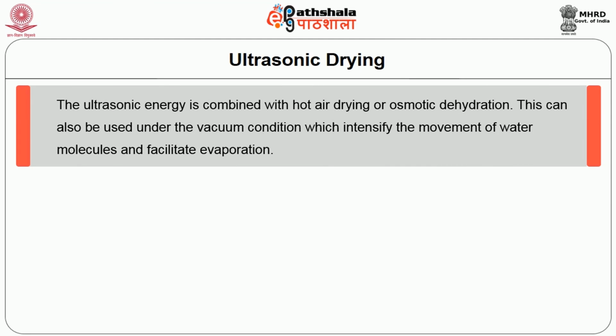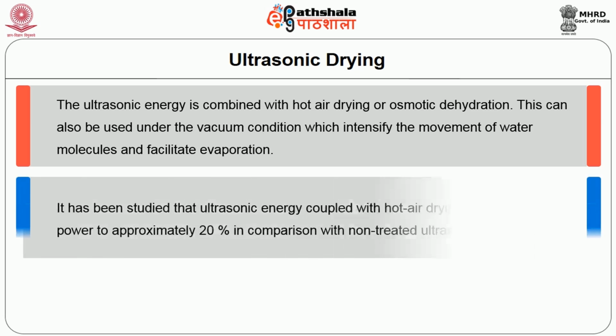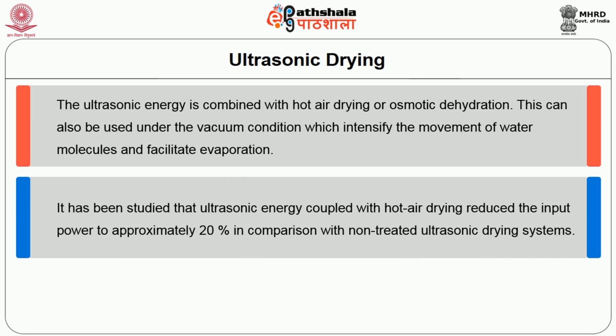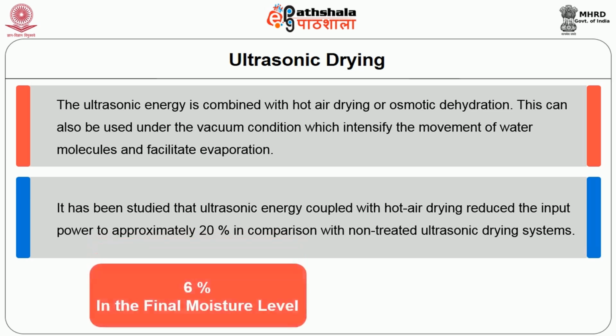Most commonly, the ultrasonic energy is combined with hot air drying or osmotic dehydration. This can also be used under vacuum conditions, which intensify the movement of water molecules and facilitate evaporation. It has been studied that ultrasonic energy coupled with hot air drying reduced the input power by approximately 20% in comparison with a non-treated drying system.